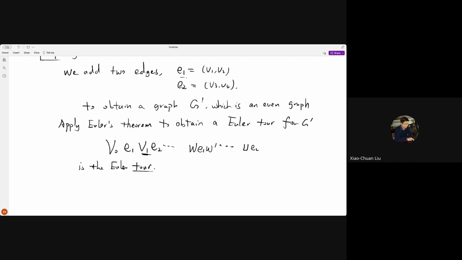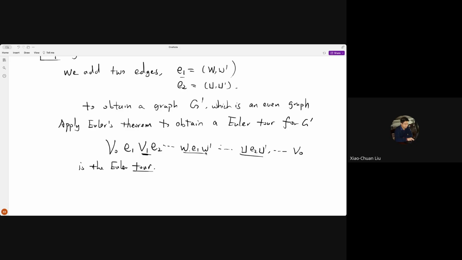It's stupid because I already have the names v1, v2, so let's put w, w prime, and u, u prime. So here we have w, e1, w prime, and at some point we see u, e2, u prime, and we come back to v0. So this is an Euler tour.